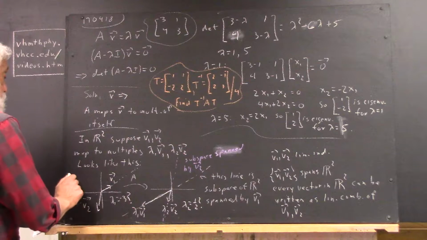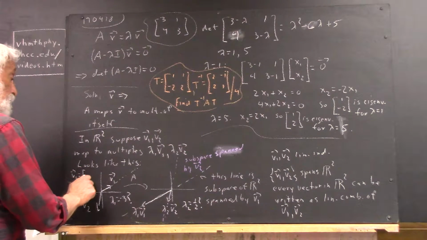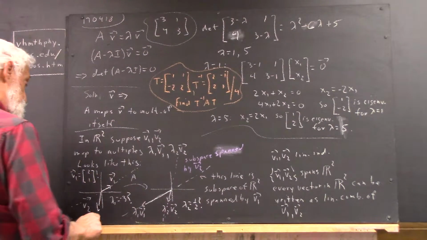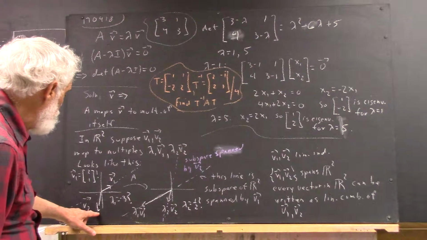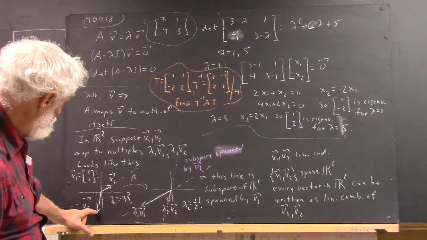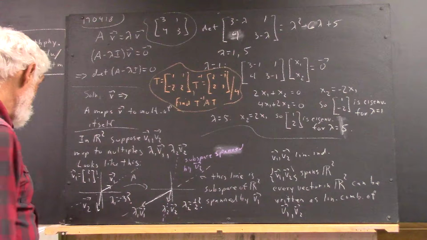Okay, v1 here, maybe v1 from this picture is 2, 1. And v2, well, it looks like its y-coordinate is about 4 or 5 times its x-coordinate, right?